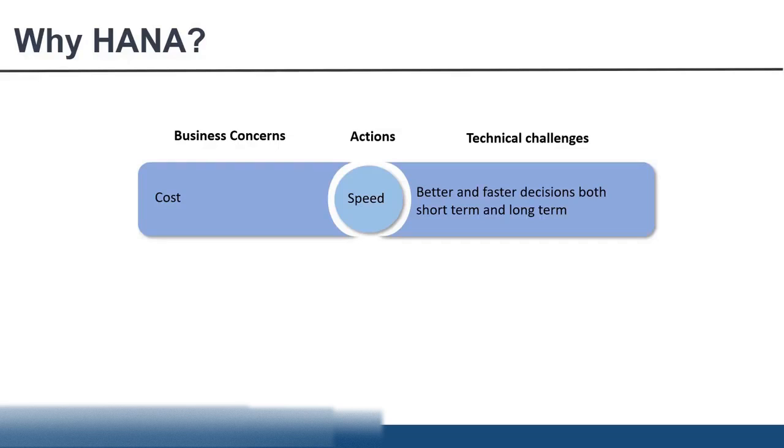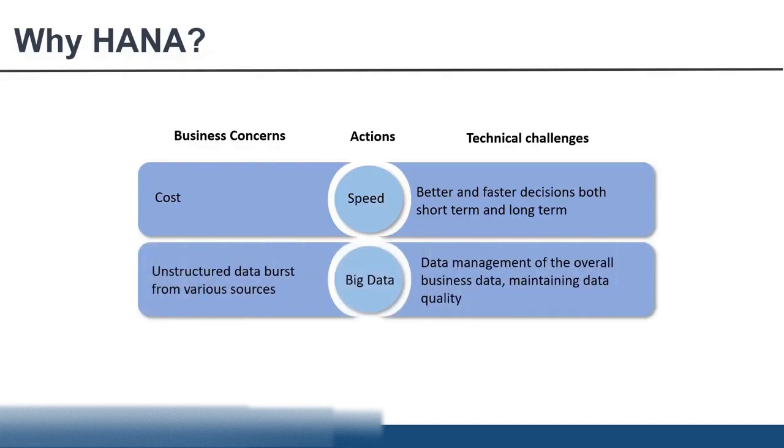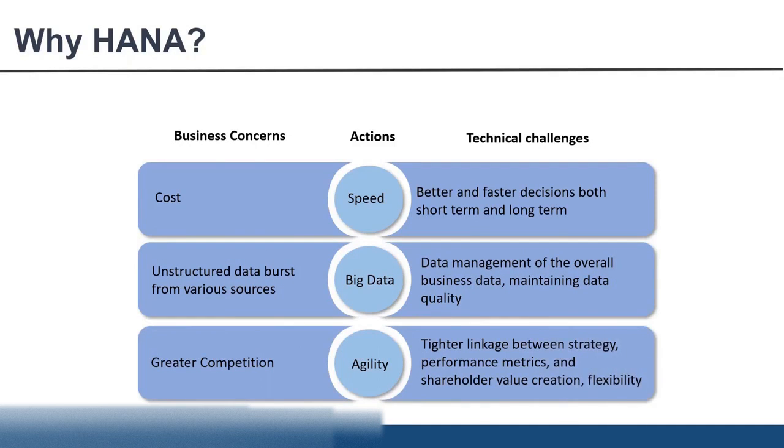So getting real-time analytics at affordable cost with a very high speed is very important for any business. This is the main reason why SAP came up with the concept of HANA, to provide real-time analytics on top of big data with a very high speed and at affordable cost for the business.